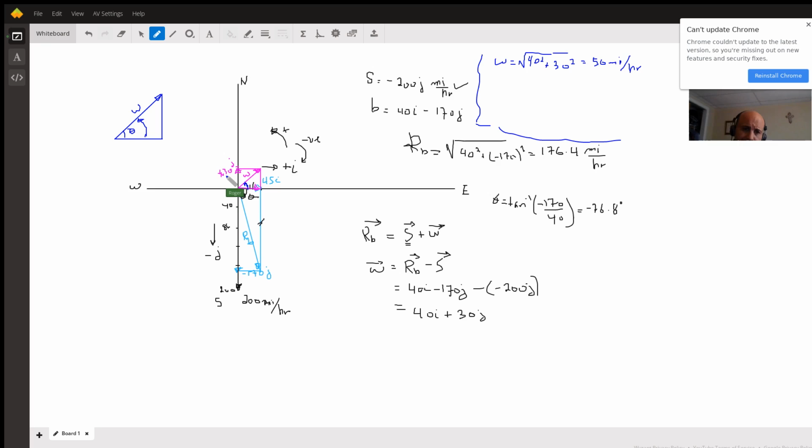So what is this height? This height is 30. And this component is 40. So theta will be tangent inverse of 30 over 40. So 3 over 4. So we'll find out what this is in a second. Tangent inverse is 36.9 degrees.